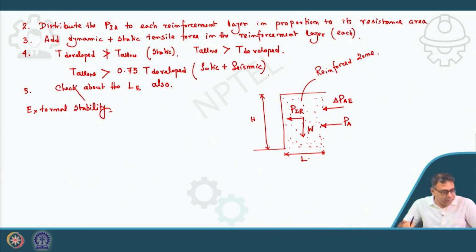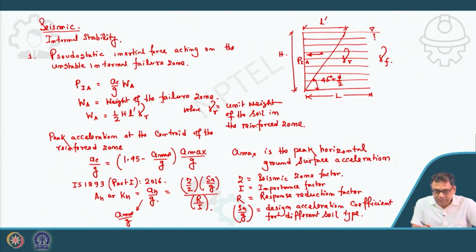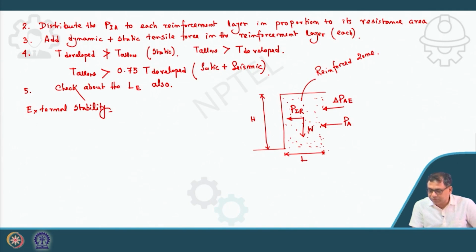The initial W was only the failure mass, but here it is the total reinforced zone, where L is the length of the reinforcement, if length is same for all the cases.